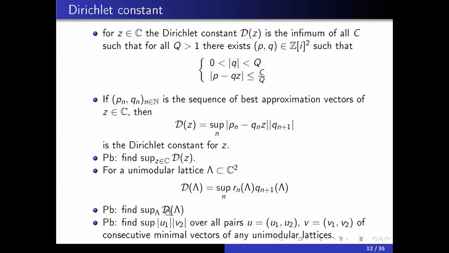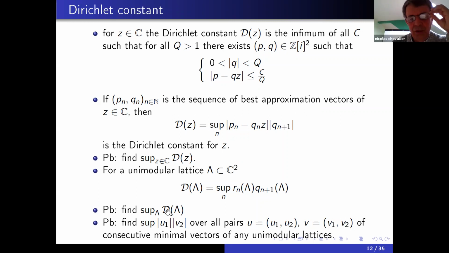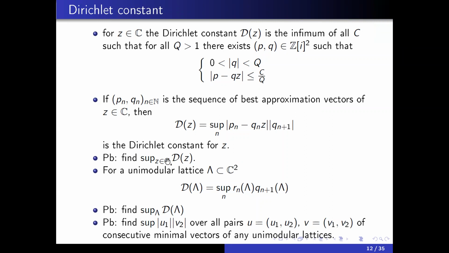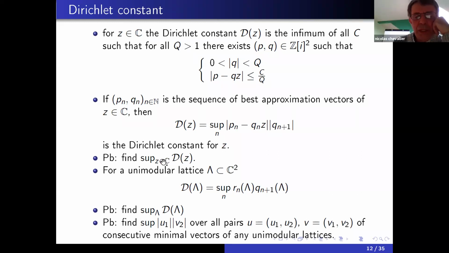It is not clear. The only thing which is clear is that the sup for lambda is larger than this one. But in fact, they are equal at the end. The only thing we know at first sight is that the sup here is larger than this one. Okay?